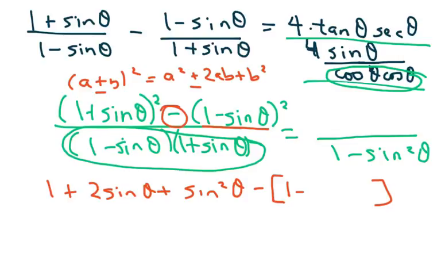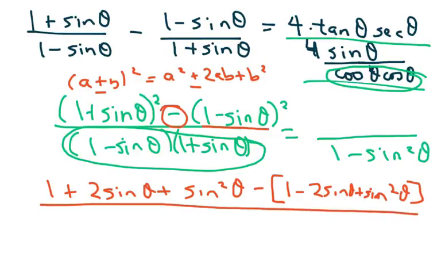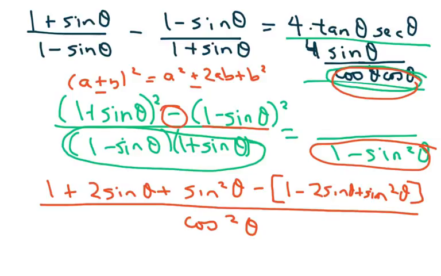So that's 1 minus 2 sine theta plus sine squared of theta. Alright, so plus sine squared theta. And this is all going to be over cosine squared theta, because that's that part. Alright, now, so the next page, we're going to clean that up.